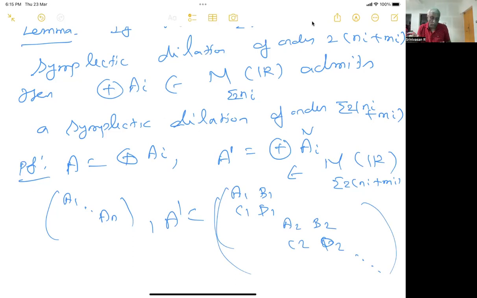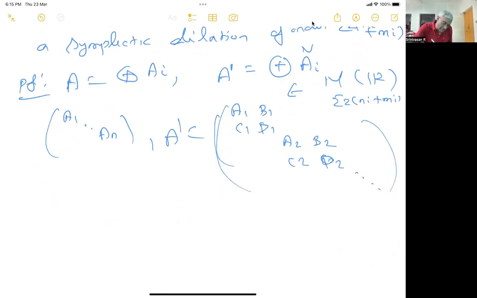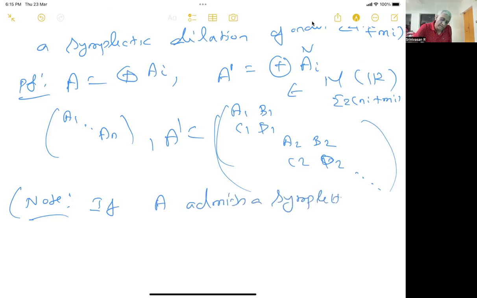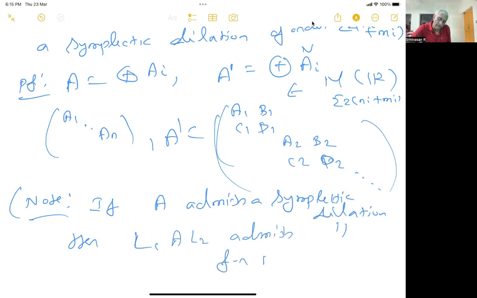Okay. So now note that this is another general observation. Note, if A admits a symplectic dilation, then L1 A L2 admits a symplectic dilation for L1, L2 in Sp_2N, where A is in M_n.